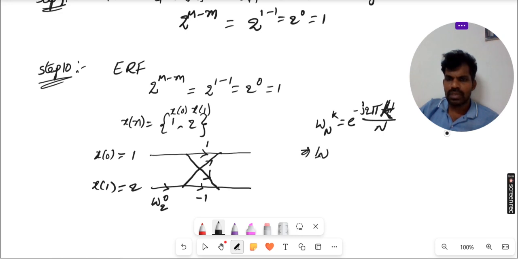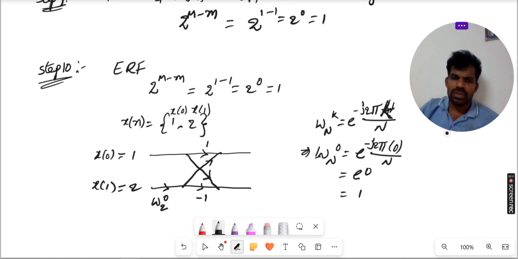W suffix n power 0 is e power minus j 2 pi of 0 by capital N, which is e power 0, equal to 1. So W suffix 2 power 0 value is 1.